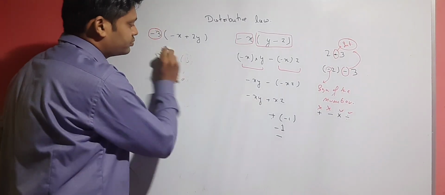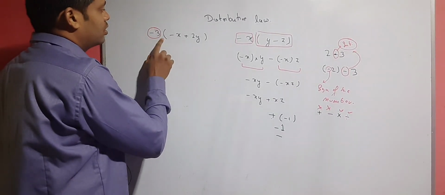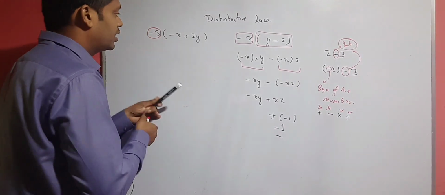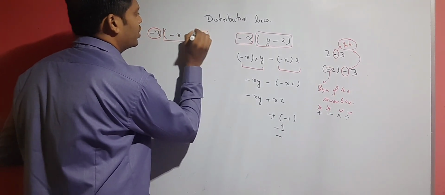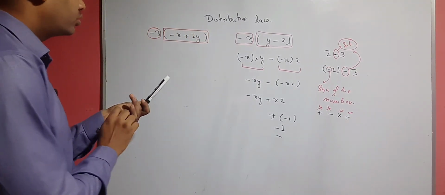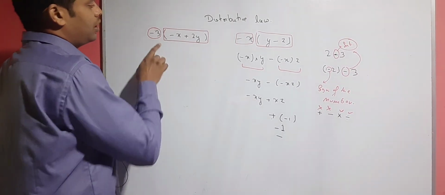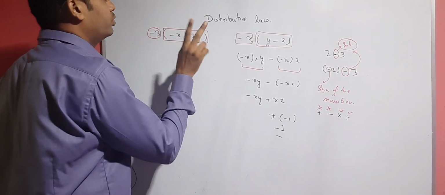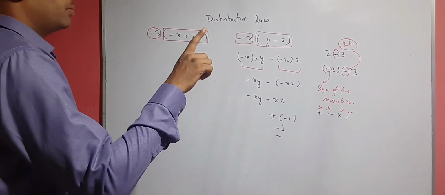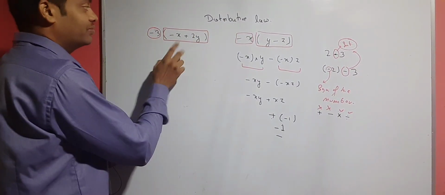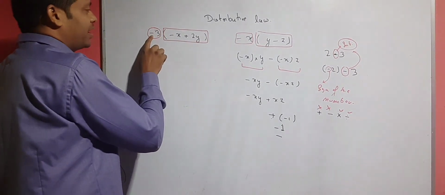Now what I have to do: bracket means a complete unit, a single unit. Whenever the bracket is a single unit, you should not count it as separate terms. So they are one term, two terms, but with a sign multiply, it is a single term. So what you have to do is minus 3 into this one and minus 3 into this one.